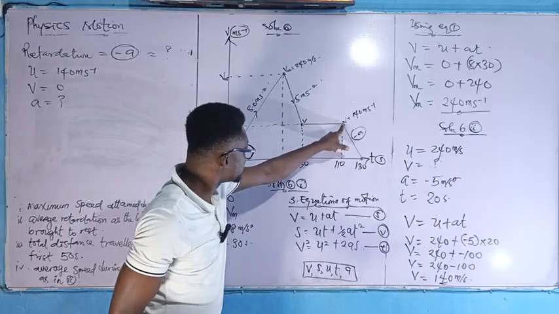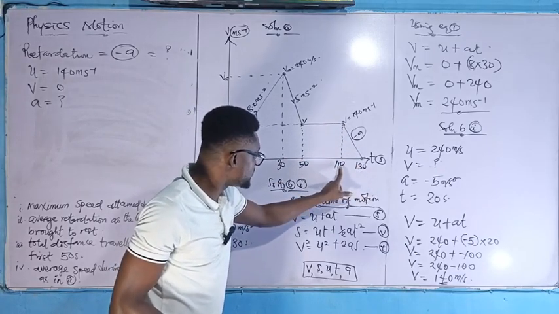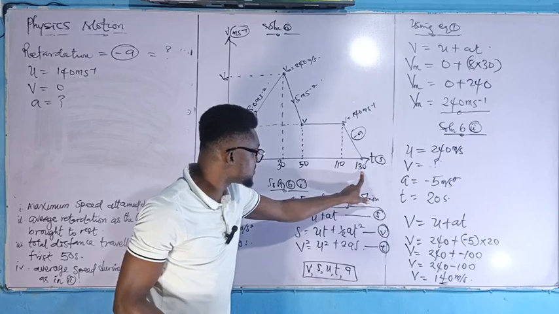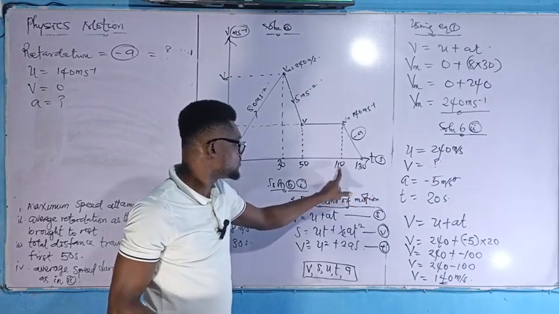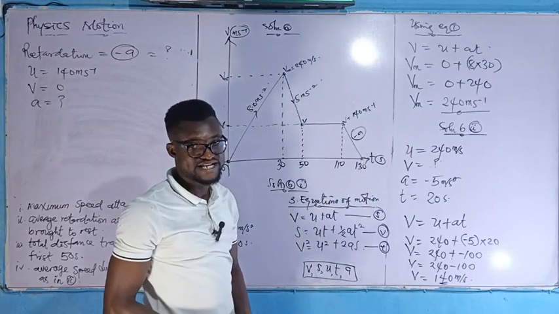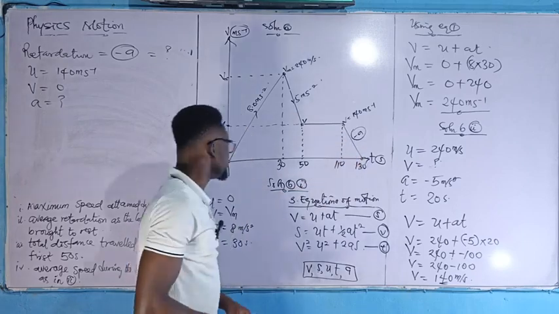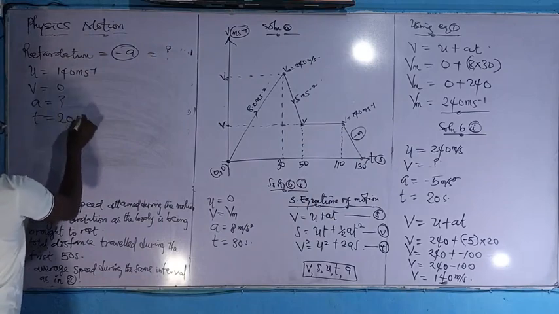Then we have the time taken from here to here. We have the time interval here, moving from 110 to 130 seconds. The difference gives the time interval, which is 130 minus 110, 20 seconds. So the time is 20 seconds.